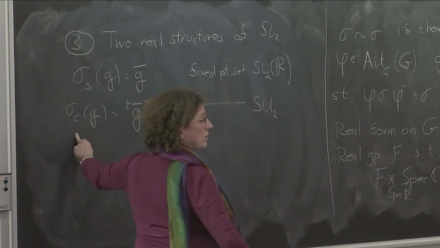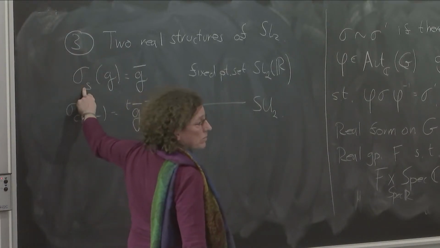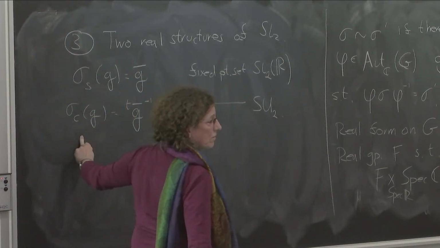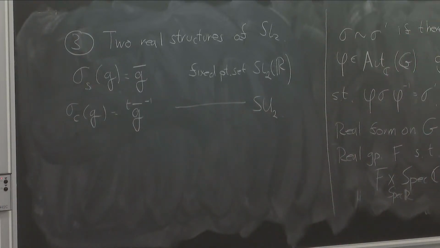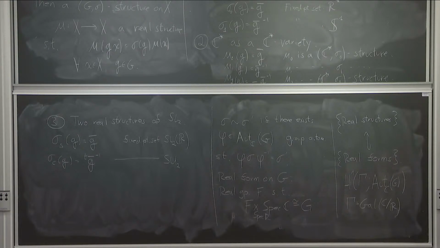Compact, that's why I say C. So this is split, this is compact. All reductive groups have been done over the years. One can find all the real structures, they're well known. Okay? And these are the only ones.